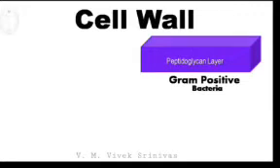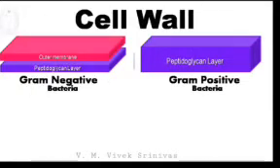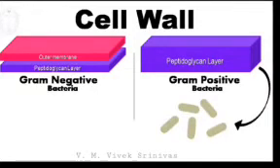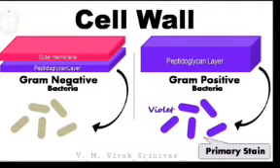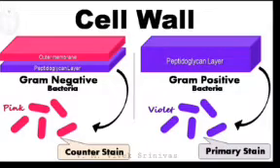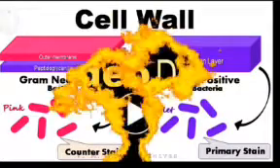Gram-positive bacteria have a thick peptidoglycan layer, and the Gram-negative bacteria have a thin one, and the outer membrane is thin. At the end, the result for the positive bacteria is violet, and the end product of the negative one is pink. So you have to know that.